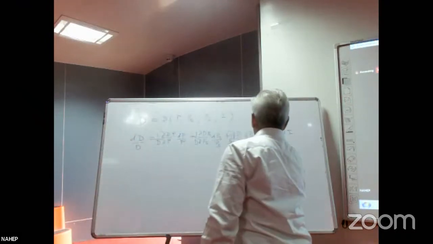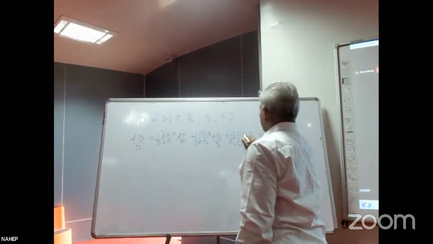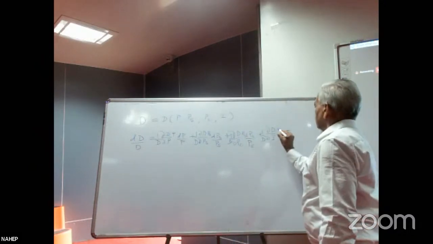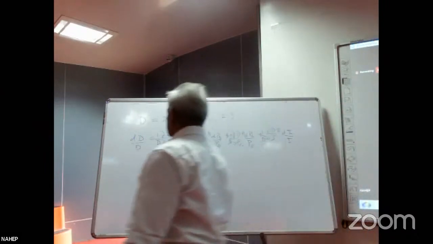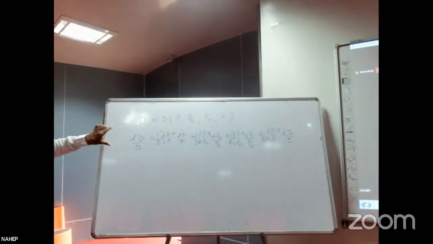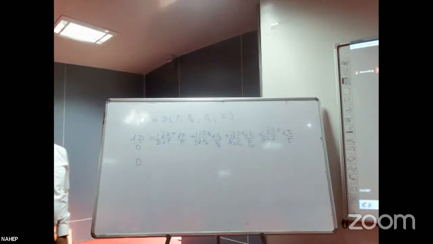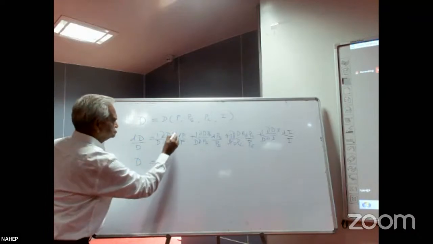Divide by PC, multiply by PC. Divide by I, multiply by I. What is this? This is the growth. You are making changes in demand with respect to total demand. So this is the growth.